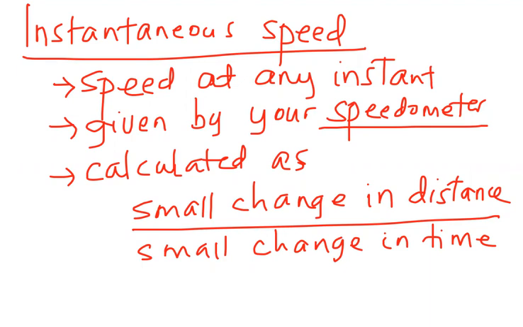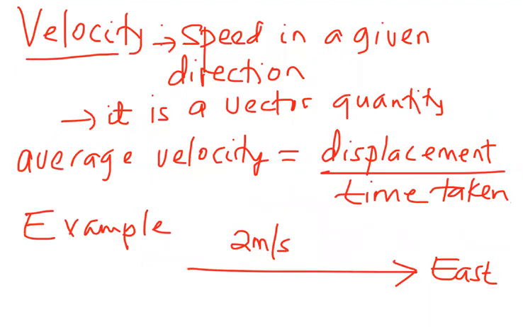All right, now let's move on to velocity. Velocity is just the speed in a given direction. If you tell me how fast I am going, and you tell me the direction I'm heading, then that's velocity. So it's a vector quantity. Remember, a vector is a quantity that is fully described by magnitude and direction.